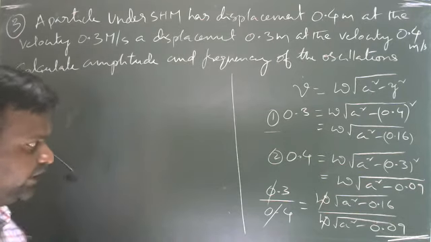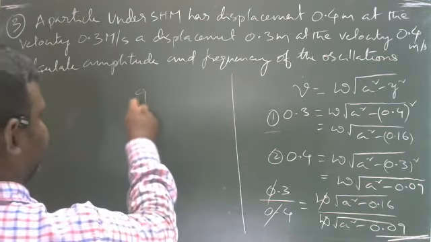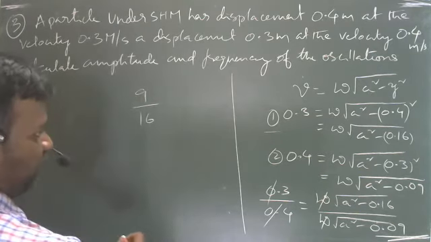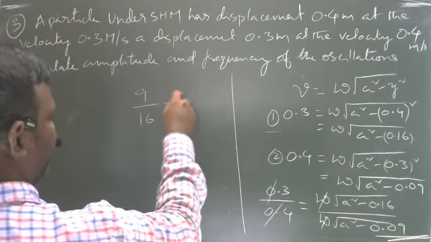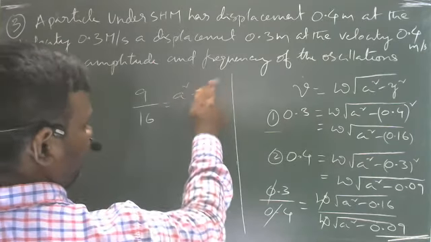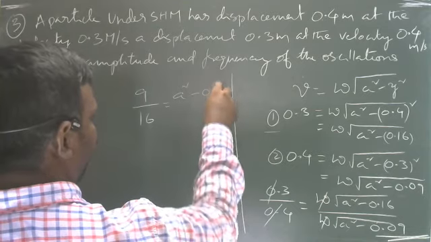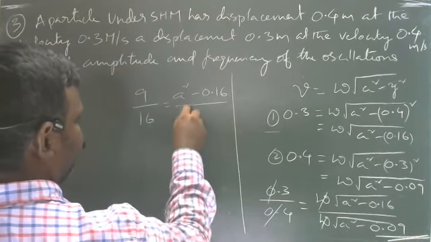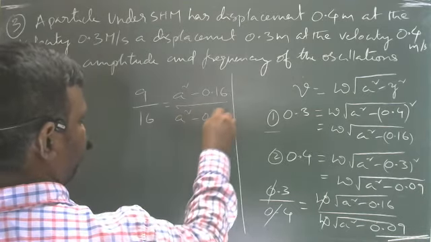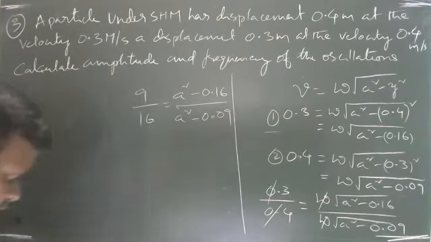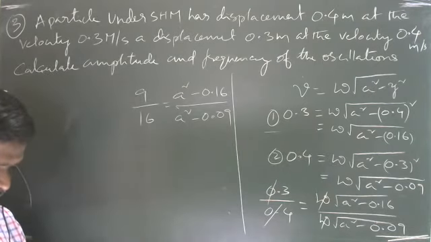Squaring on both sides, 9 by 16 is equal to a square minus 0.16 divided by a square minus 0.09.